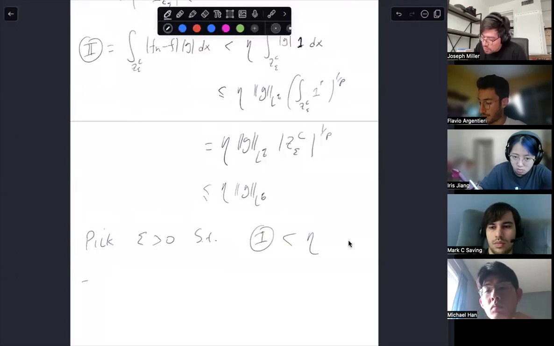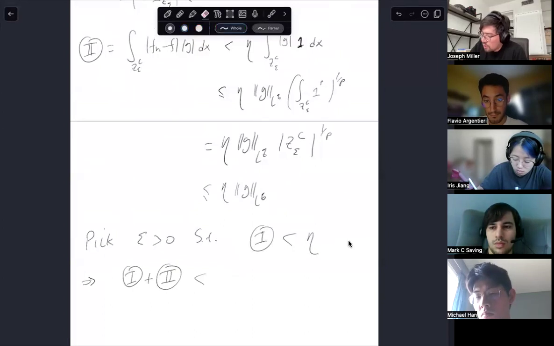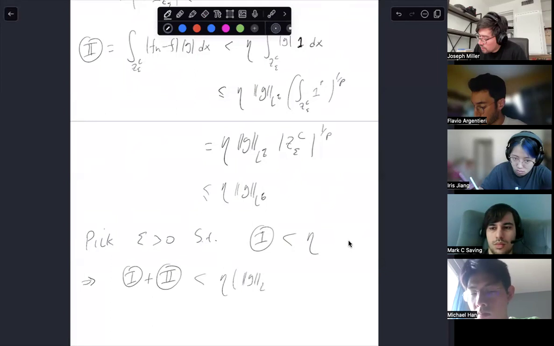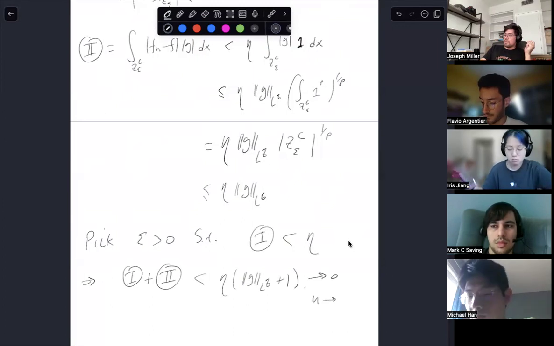Then what it shows is 1 plus 2 is less than eta times the norm of g, plus eta, which goes to 0 as eta goes to 0.